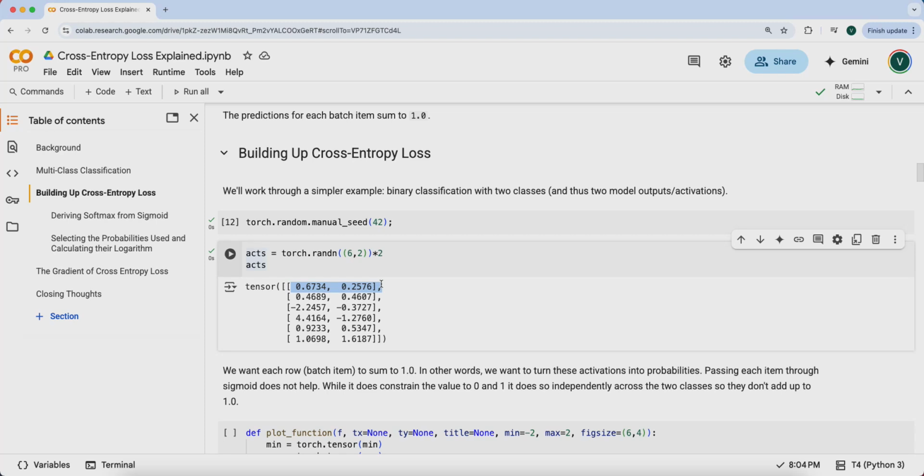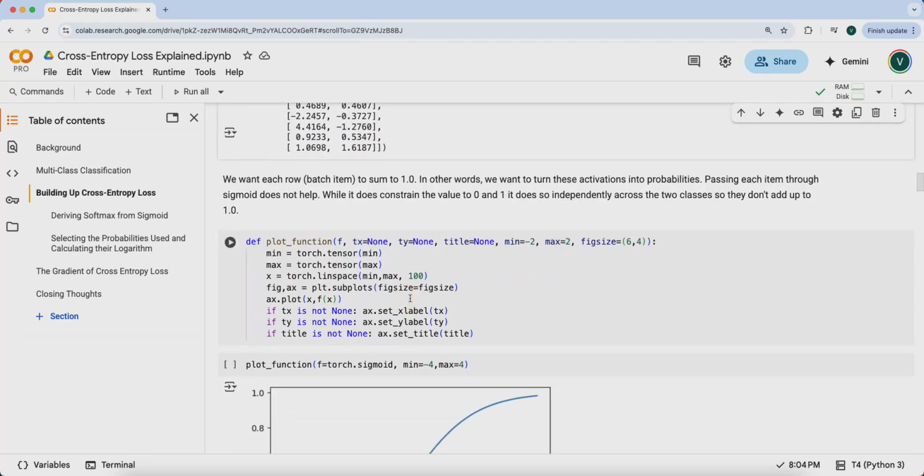We're basically saying what is the probability that this class is predicted, or this class is predicted. Another way to think about it is how probable does the model think that this image is of class 0 or of class 1?